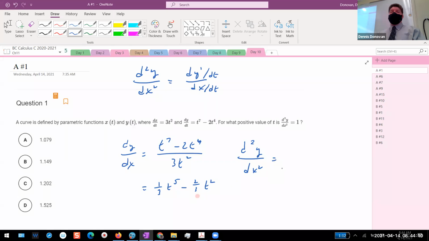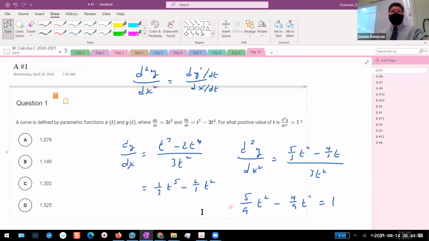So now we have 5/3 t to the 4th minus 4/3 t, and then divide by dx/dt, so 3t squared. We can simplify that to get 5/9 t squared minus 4/9 t to the -1, and we want to solve that equal to 1, right?